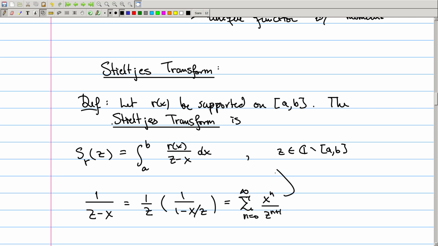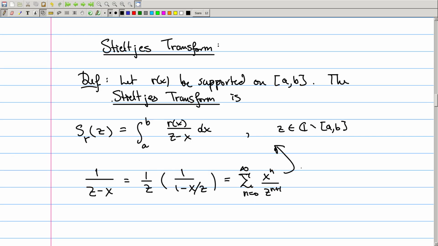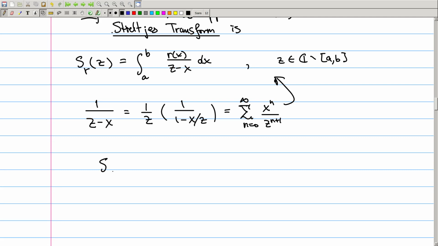And if I put that into the Stieltjes transform definition, we can see that the Stieltjes transform is exactly equal to the integral from a to b of the sum from n equals 0 to infinity of x to the n over z to the n plus 1 times that function r of x dx.